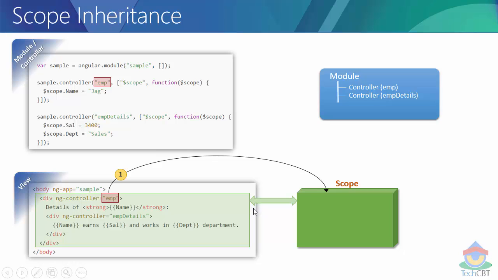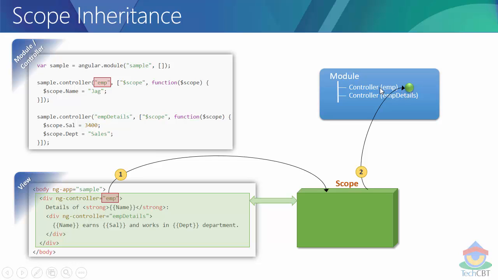And once it is associated with that particular block, the second step is that a new controller instance gets created, and the same scope object gets associated with the controller.